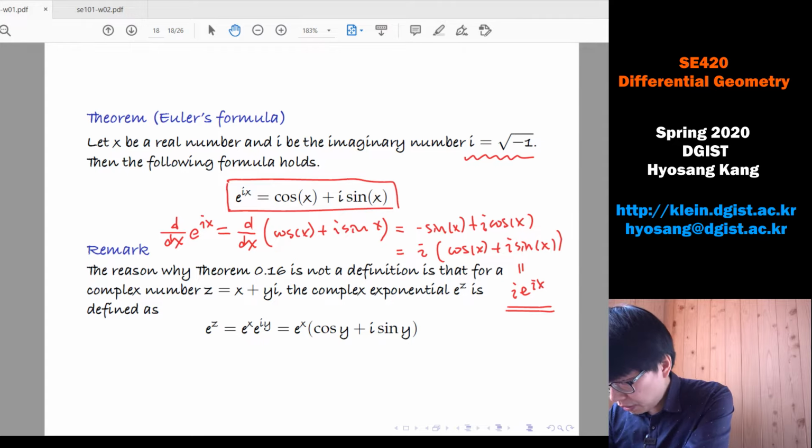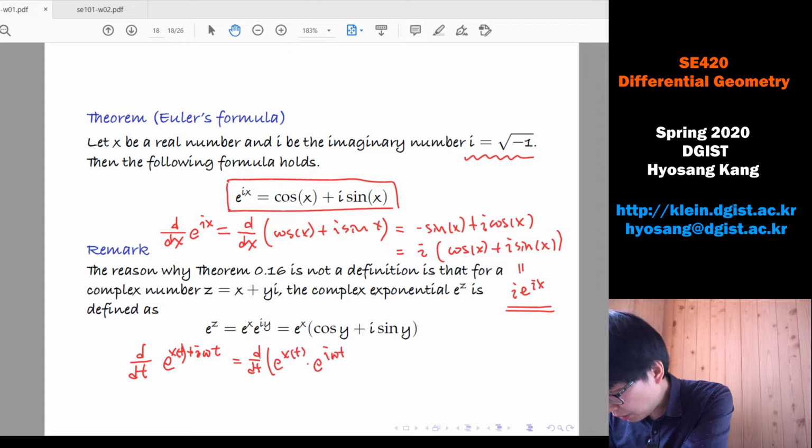So for example, if you have e to the x plus i omega t, where omega is now a real coefficient, then you can take a derivative in terms of t. Suppose that we have x also as a function of t. So this is also a function of t. Then you can take a derivative of the product of e to the x(t) times e to the i omega t.